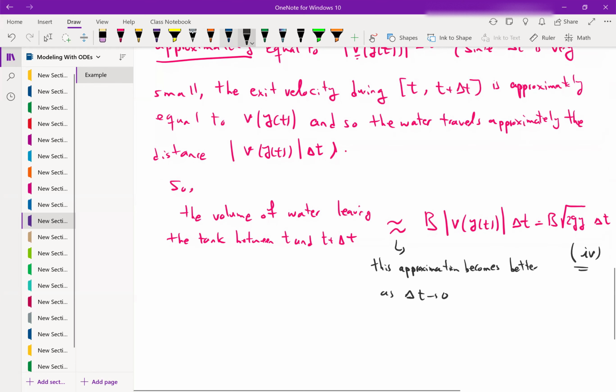So now the conclusion of all of the discussions we had so far. Thus, we have 1, 2, 3, and 4.